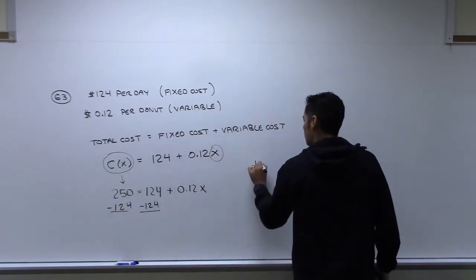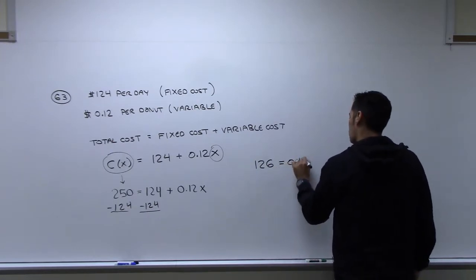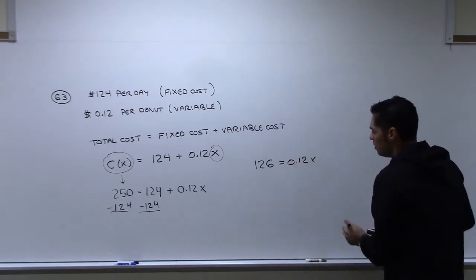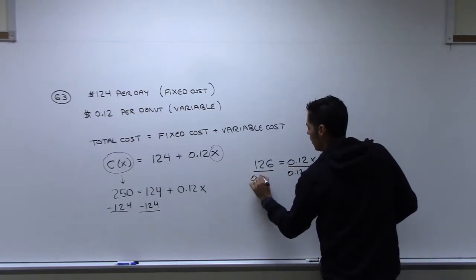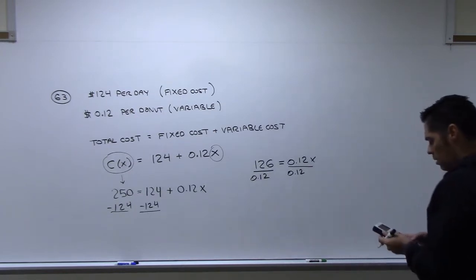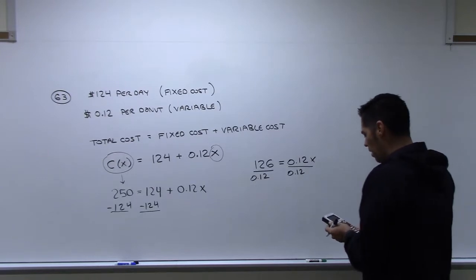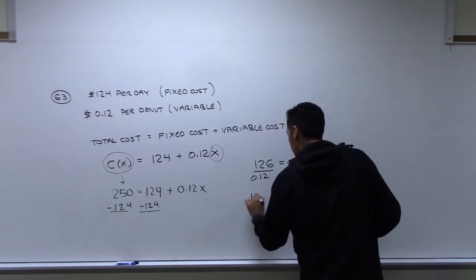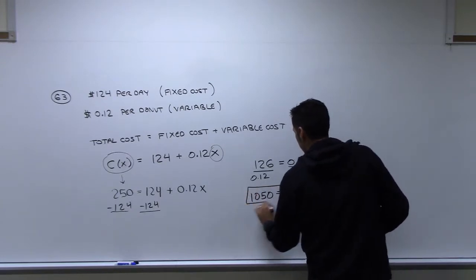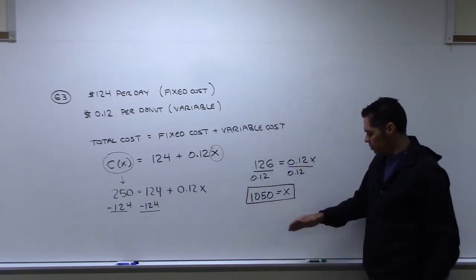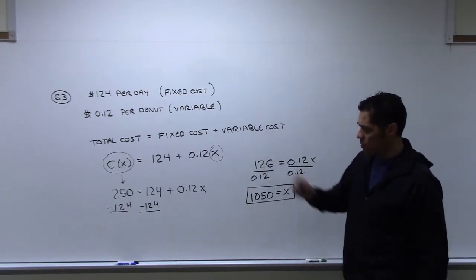So we get 126 equals 0.12x. And then I'm going to divide both sides by 0.12. So 126 divided by 0.12 on my calculator, I get 1,050 is X. So this is how many donuts I will need to produce in order to have a total cost for that day of $250.